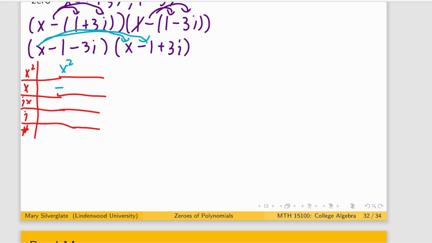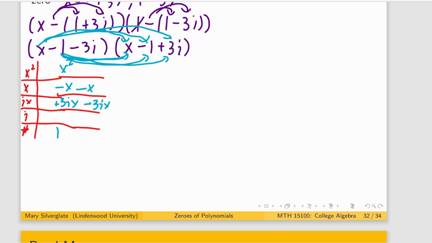X times -1 gets me minus x. Oh, and then we've got more of those. X times 3i gets me plus 3ix. Then we have -1 times x gets me another -x. -1 times -1 gets me positive 1.